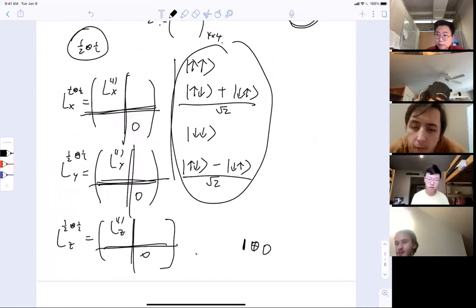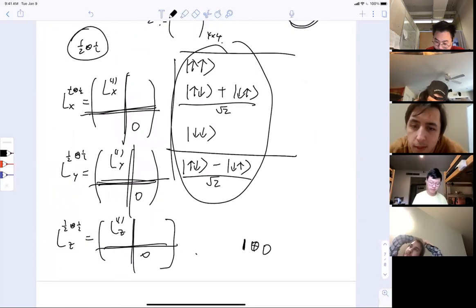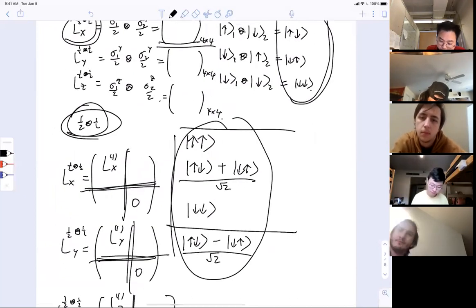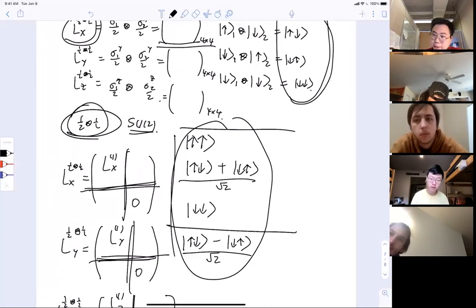But what if I have a direct sum of spin 1/2 with spin 1/2? Is it still a representation of the same group? Yes, yes. This is still a representation of SU(2), but it's a reducible representation. Reducible, I mean, when you do some change of basis, I can block diagonalize them, like what we have here.